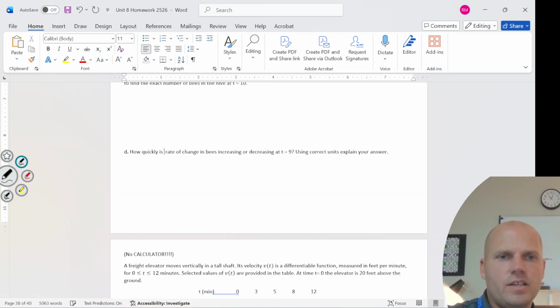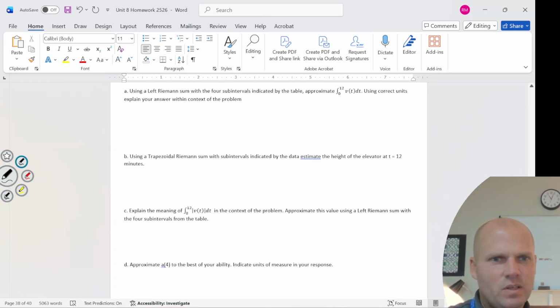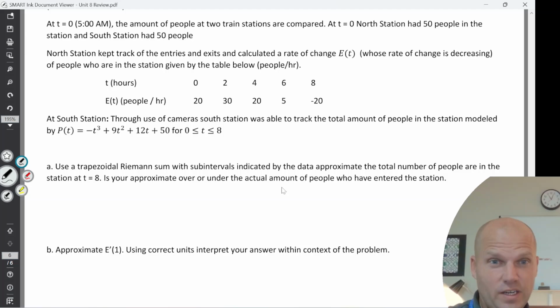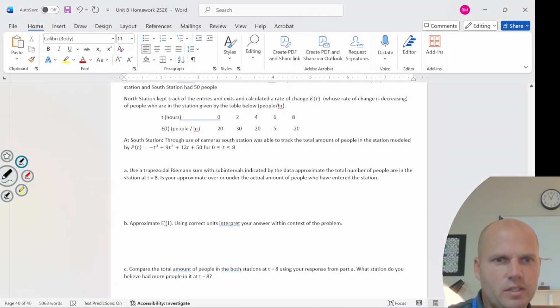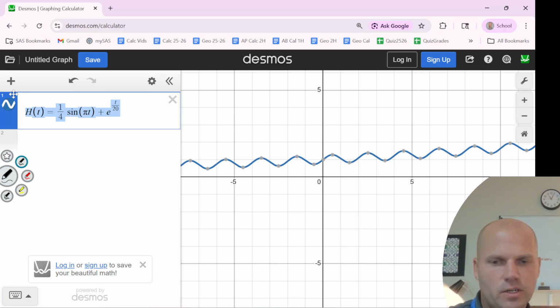How quickly is the rate of change in B's changing? Cool. That way you don't have to worry about finding if it's increasing or decreasing. This all worked out well, and this we'll find out. I think I did this earlier. Oh, no, the last one doesn't work out well. Let me look at P of T really quickly and make sure it works out. Change it up.